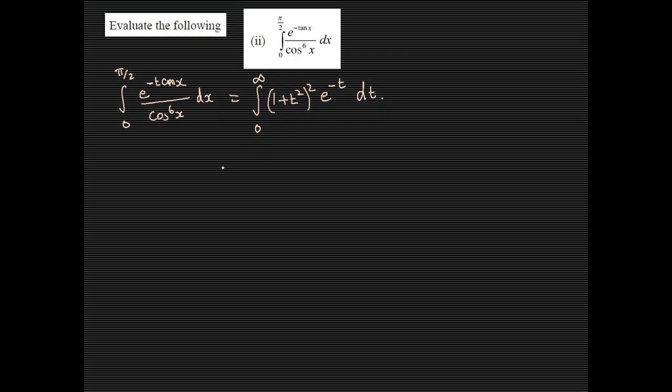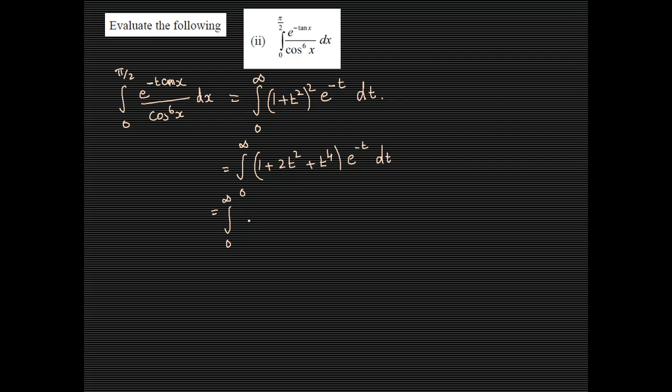Okay, so which is equal to integral 0 to infinity. If you expand this, you will be getting 1 plus 2t square plus t power 4 into e power minus t dt. Which is equal to integral 0 to infinity, so now we'll multiply this one by one.